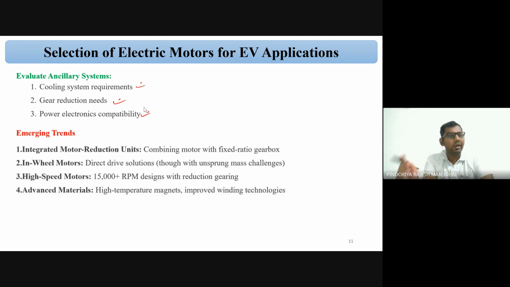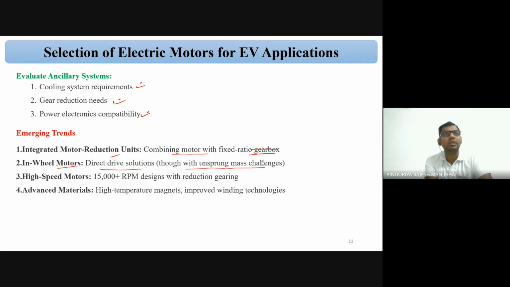So emerging trends: integration of motors and reduction units, combining the motor with a fixed gear ratio, again a single gear ratio. In-wheel motor vehicles, a direct drive solution through the wheel, with unsprung mass challenges. Normally we use the in-wheel motor, the hub motor, correct?